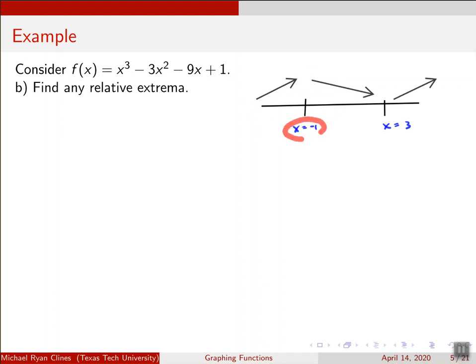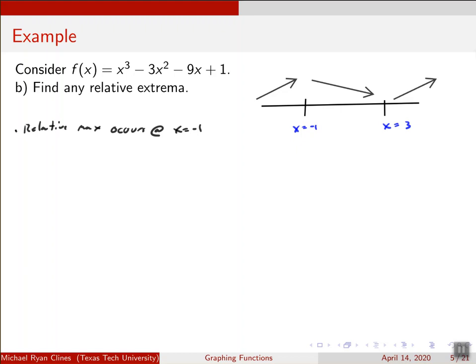So that tells us x is equal to -1 is where a relative maximum occurs. So the relative maximum occurs at x equal -1.